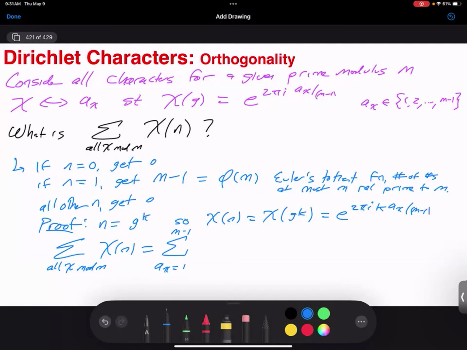So I would have e to the 2 pi i k a sub chi over m minus 1. Can you see the good way to rewrite this quantity? So much about math is pattern recognition. If you look at this the right way, it's trivial. How can I rewrite this exponential?